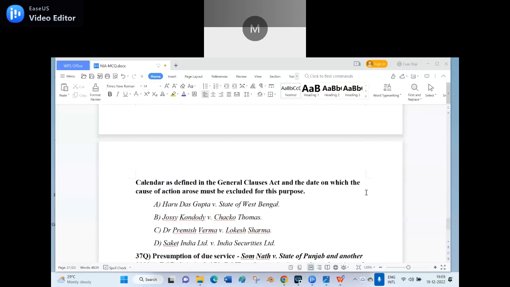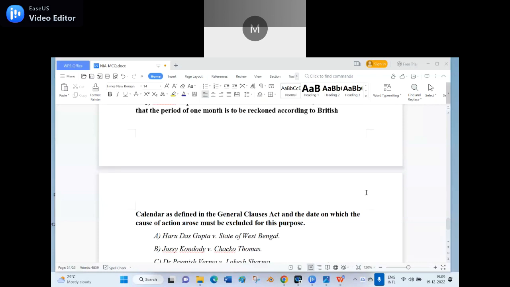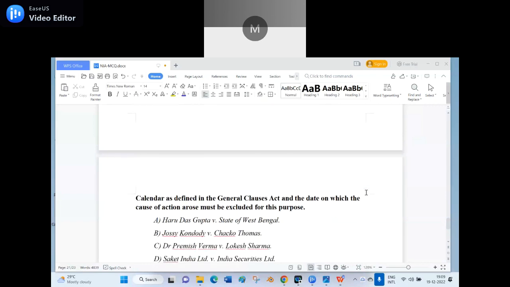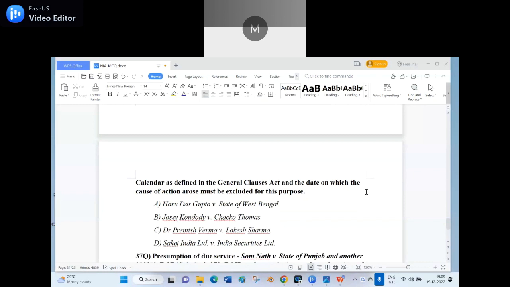C, Dr. Primesh Verma versus Lakesh Sharma. D, Saket India Limited versus India Securities Limited. The period of 1 month is to be reckoned according to the British calendar as defined in the General Clauses Act, and the date on which the cause of action arose must be excluded for this purpose. That will be excluded, then they will count it for the law of limitation.